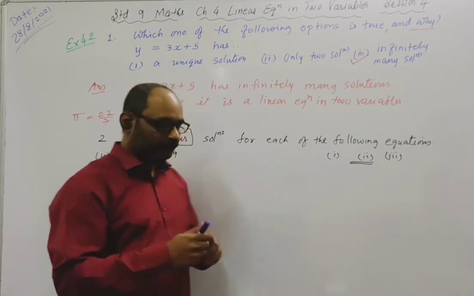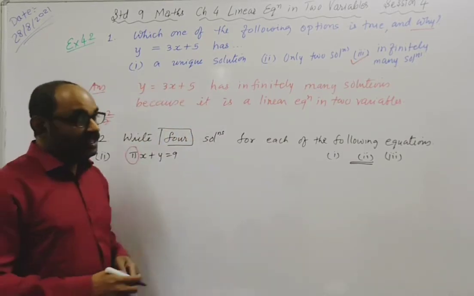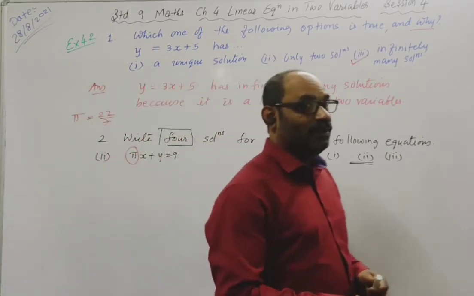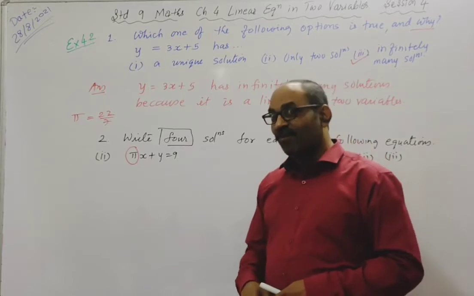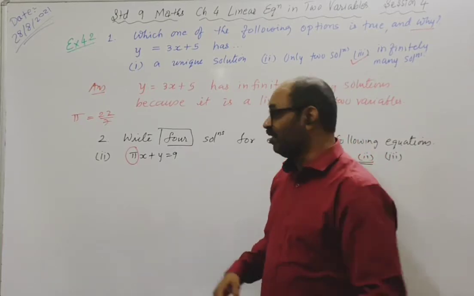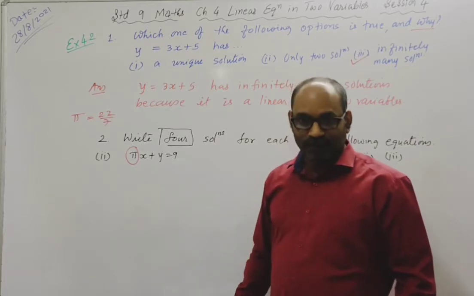Now see, please. Here is the equation. Make one variable the subject of the formula. Which one should we make? y. Someone said x. We can make x also, but then it will become tough for you.